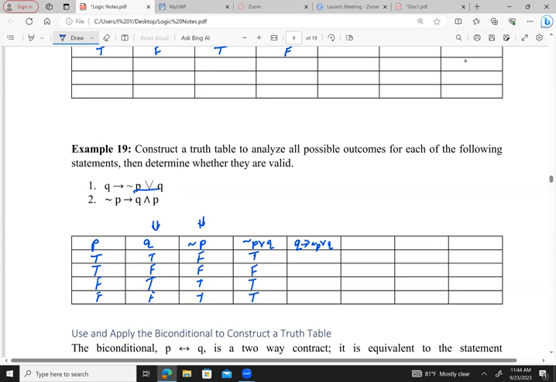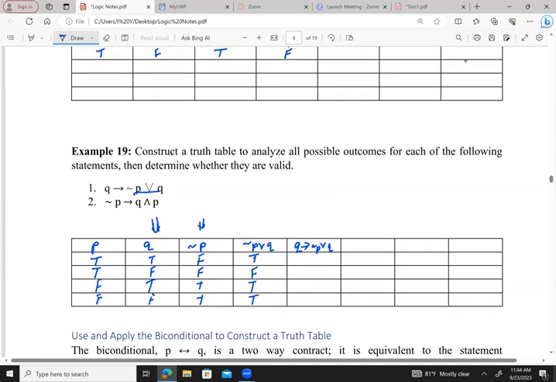So now I'm looking at if Q, then not P or Q. If the first one is true, like here, the second one has to be true as well.